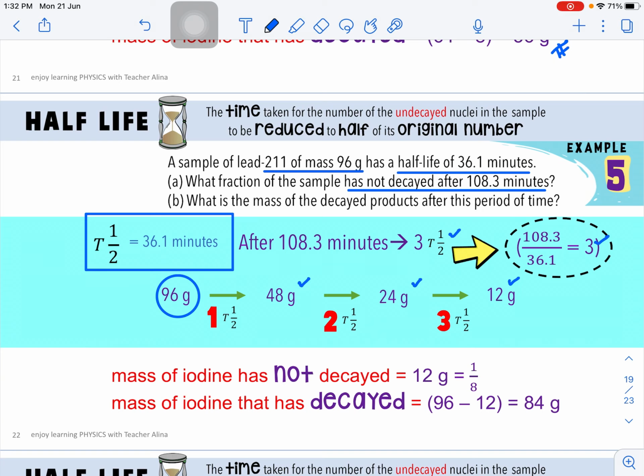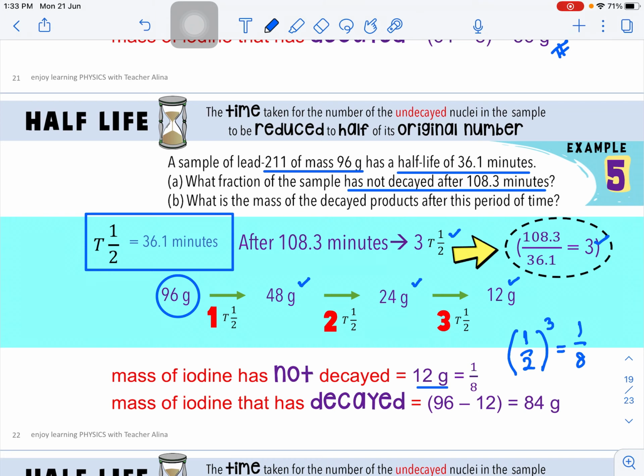What fraction of the sample has not decayed after 108.3 minutes? The fraction is 1/8 because it is 1/2 to the power of 3, where 3 is the number of half-life. So 1/2 to the power of 3, we get 1/8.